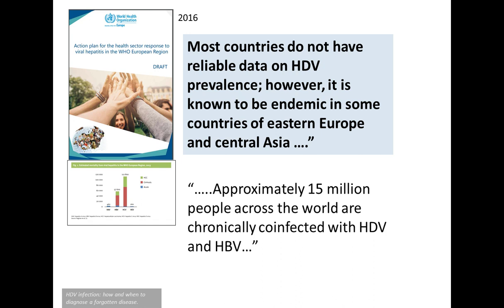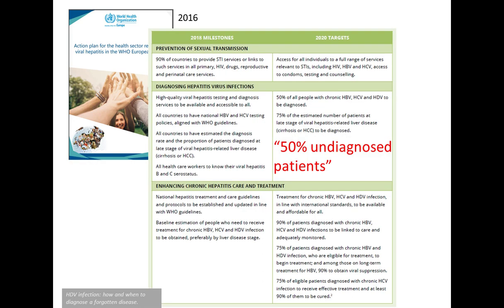The 2016 WHO document entitled Action Plan for the Health Sector Response to Viral Hepatitis in the WHO European Region indicates that most countries do not have reliable data on Delta virus prevalence. However, it is known to be endemic in some countries of Eastern Europe and Central Asia, and approximately 15 million people across the world are chronically co-infected with B and Delta virus. It also states that about 50% of patients are not diagnosed with hepatitis viruses, also including Delta hepatitis infection.